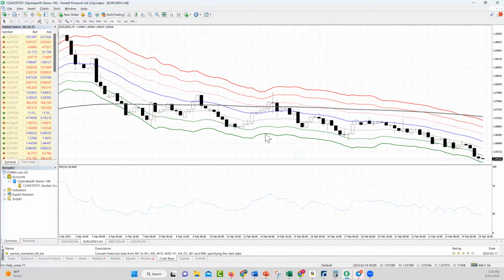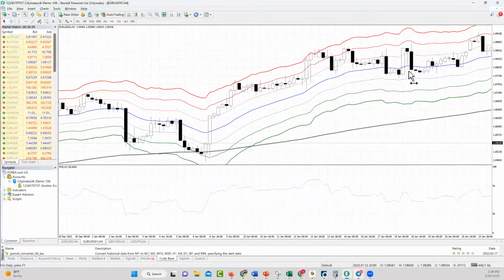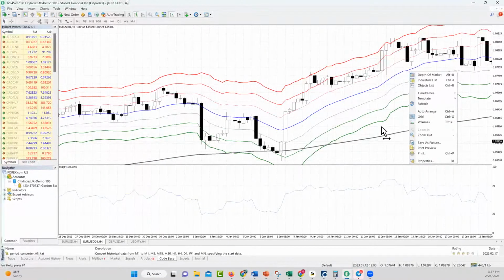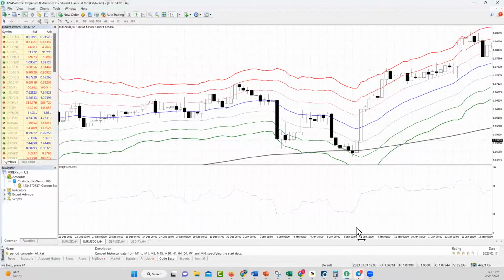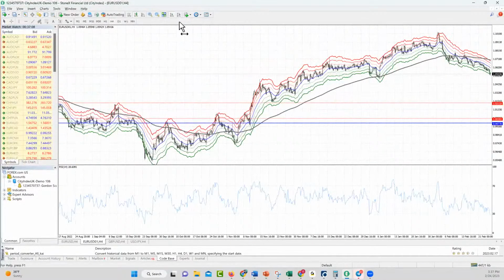One thing you can do is zoom out here. Draw a horizontal line from the places where the dip occurred.